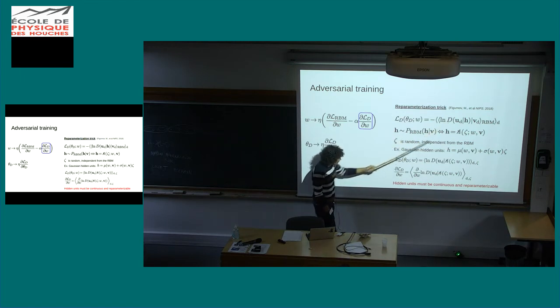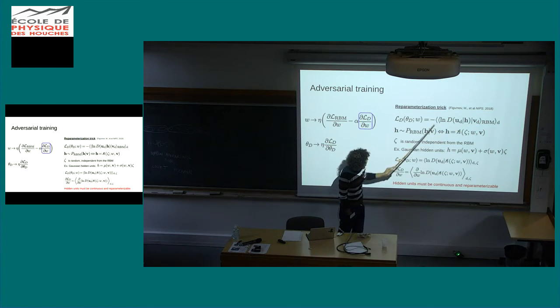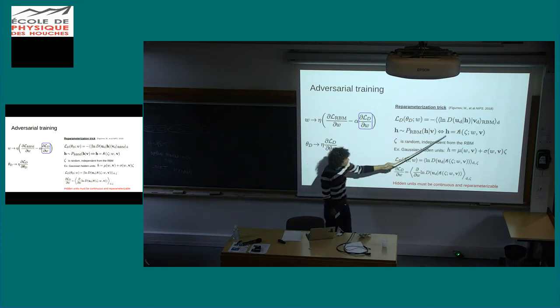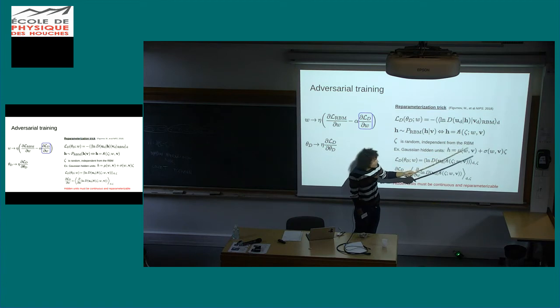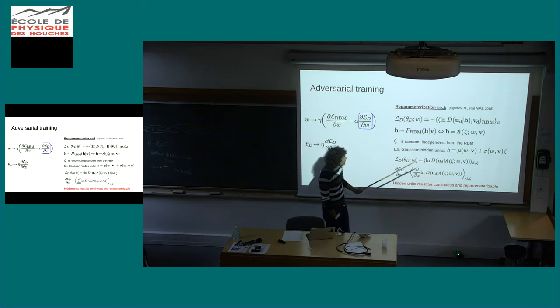However, in order to backpropagate the gradients from the classifier to the RBM, we can write the hidden states as a function of an extra random variable, the weights of the RBM, and the visible layer configuration. The introduction of this extra random variable, which does not depend on the weights of the RBM or the configuration of the visible layer, allows us to take the gradient of this hidden configuration.